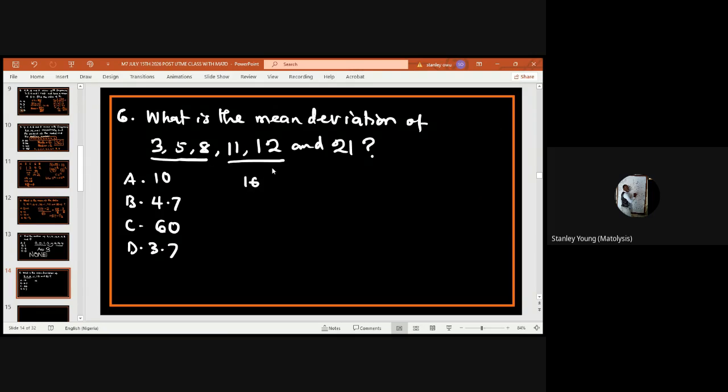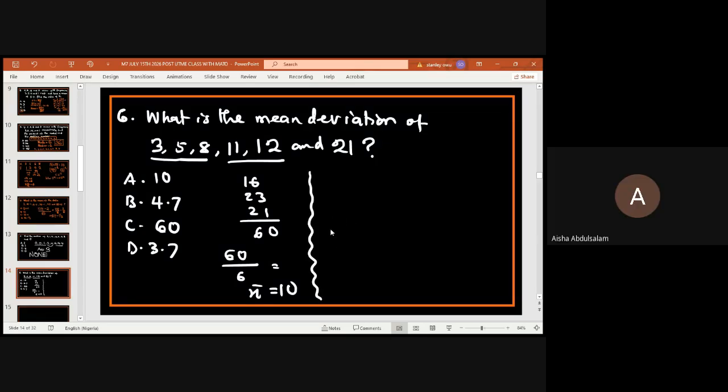This is 23, and 21 is 60. So the mean is 60 divided by the number of entities, which is 6. Is it the mean value you got as 10? Aisha? Yes, sir. Okay.